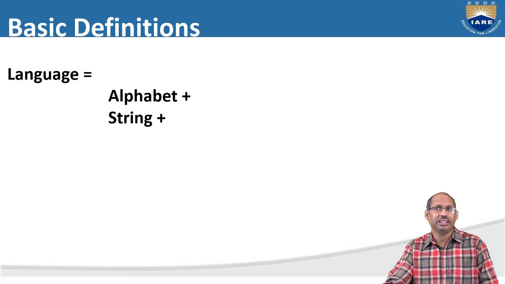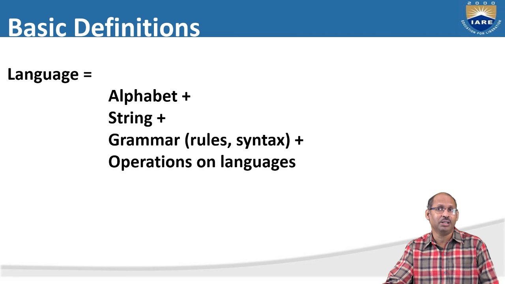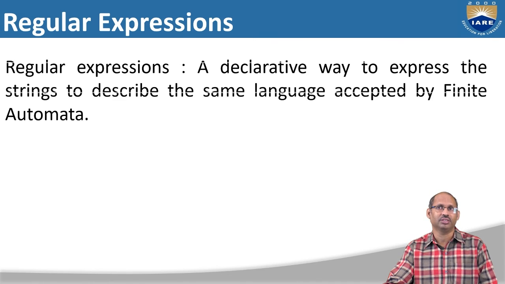So language is a group of strings from an alphabet. From the strings, we use grammars and construct the languages and their operations. So what are the operations on languages? Concatenation, union, intersection and star closure.